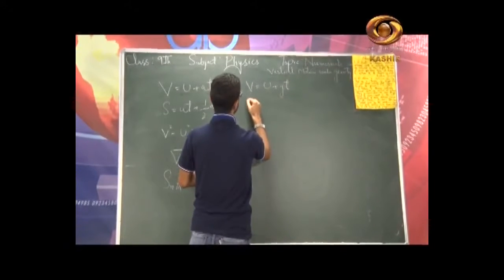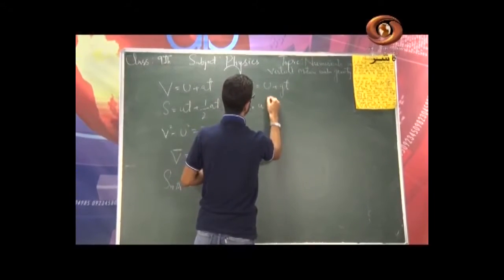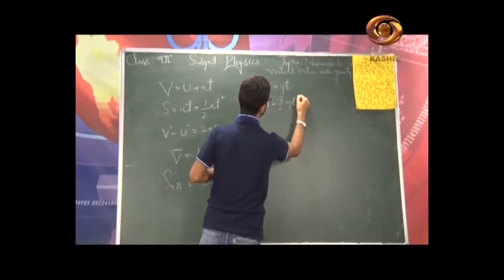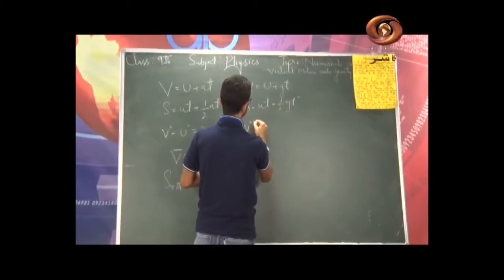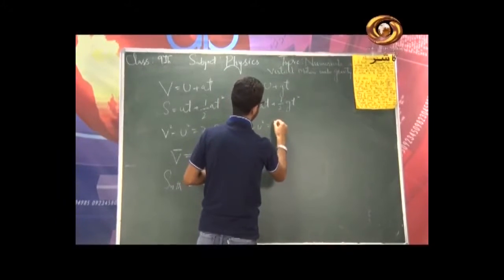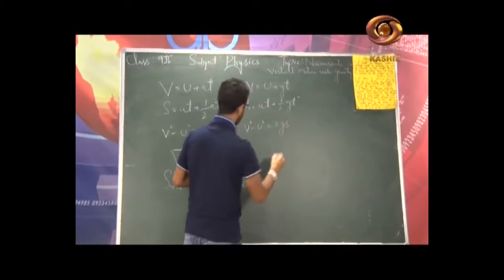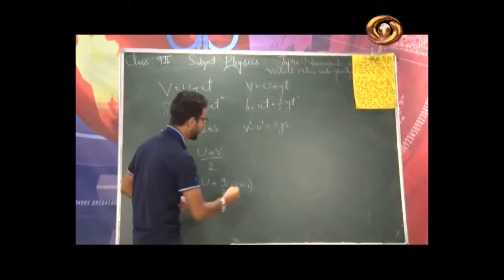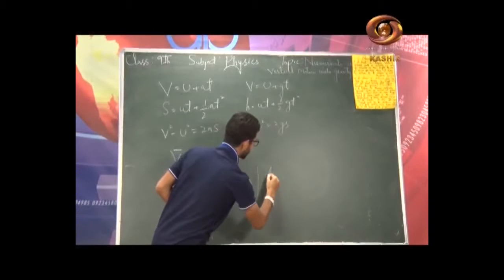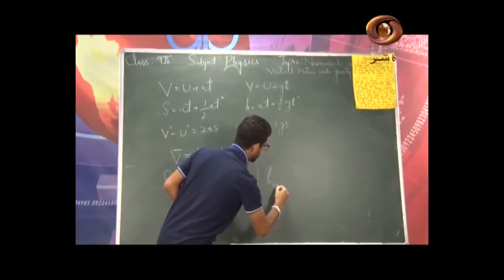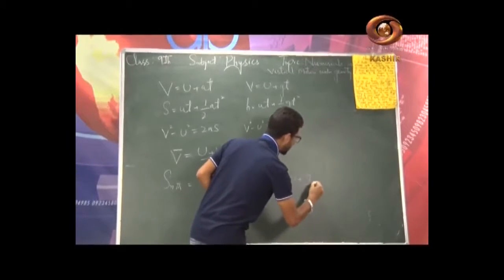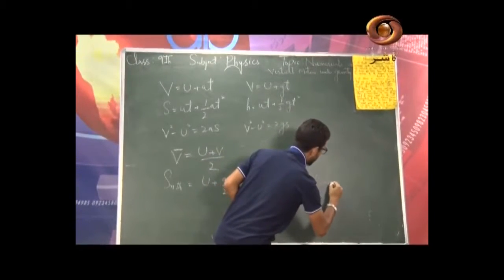Instead of S I will write H, it is equal to UT plus 1 by 2 GT square, right? Then V square minus U square is equal to 2GS, average velocity as it is, U plus V divided by 2, and this H nth is equal to U plus G by 2, 2n minus 1.